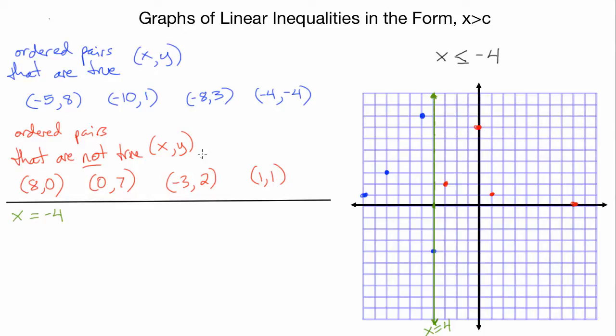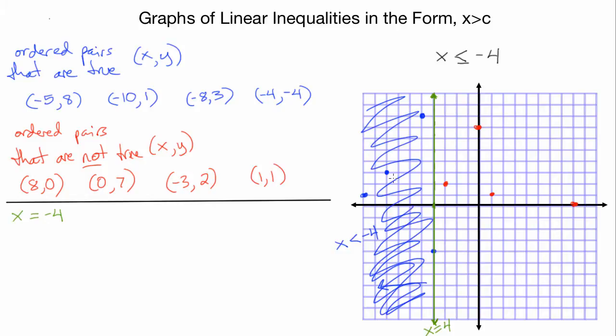Just like we did in the last video, let's look at this now. All the x values that are less than -4 have to be to the left of that graph, right? Because that's where x values get smaller. I'm going to go ahead and shade all that area. You can see a lot of our points are in that shaded area for solutions.